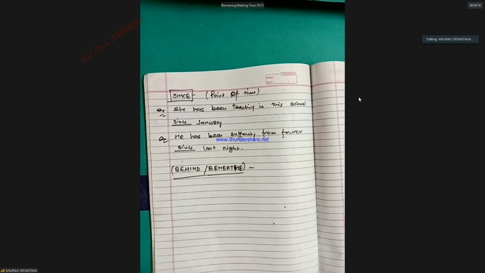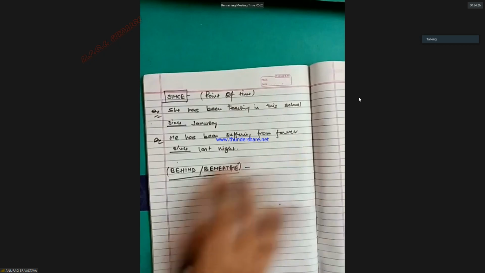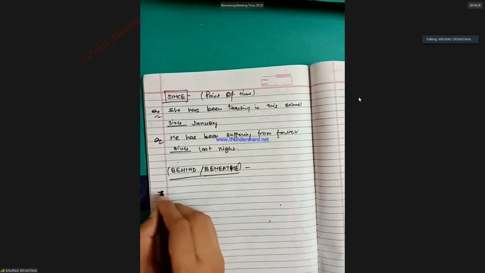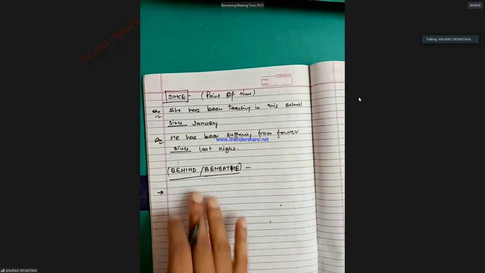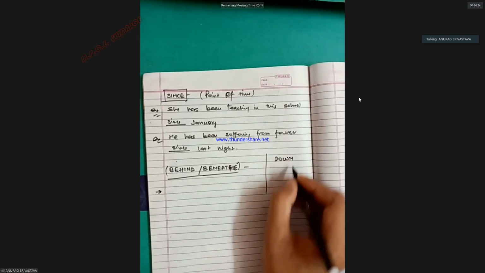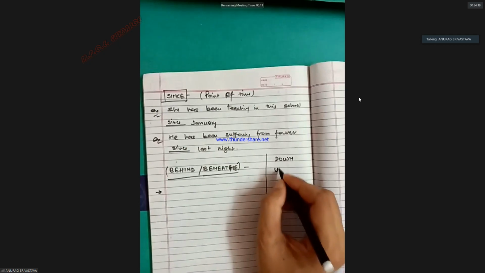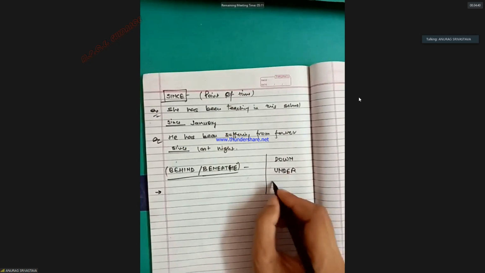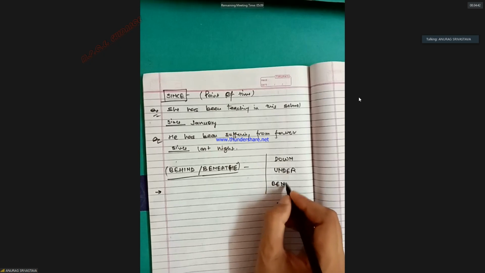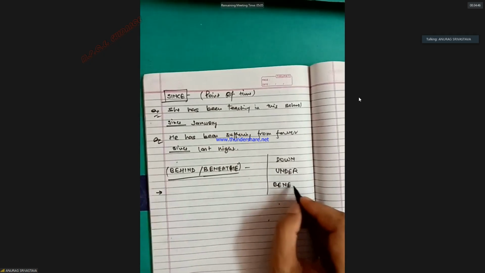Okay, so let's see with the help of examples. Before starting it, I'm telling you the words. First is down, second is under, and the last one is beneath. Fine. The differences between them must be clear.